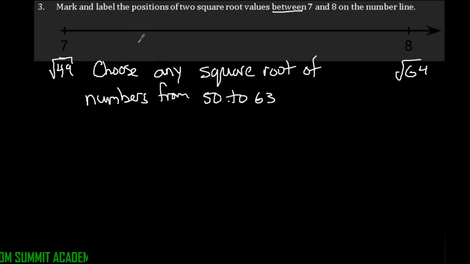So remind yourselves, if I wanted to say, hey, I can place 53 on here, I know that is incorrect because it has to be between 7 and 8, which 53 is not between 7 and 8. However, I could do something like putting the square root of 53 on here, or the square root of 55. Any of those options will work. So you choose any number or any square root of those numbers.